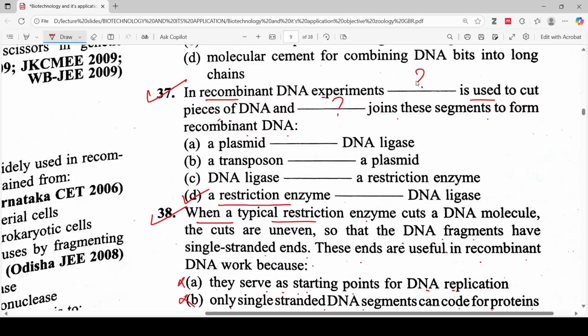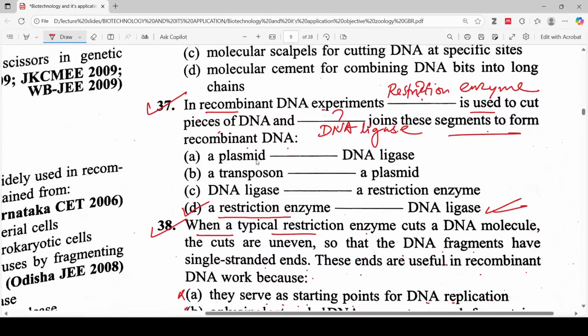Restriction enzyme is used to cut DNA and DNA ligase is used to form the recombinant DNA. So for this question, the D option will be the correct answer.